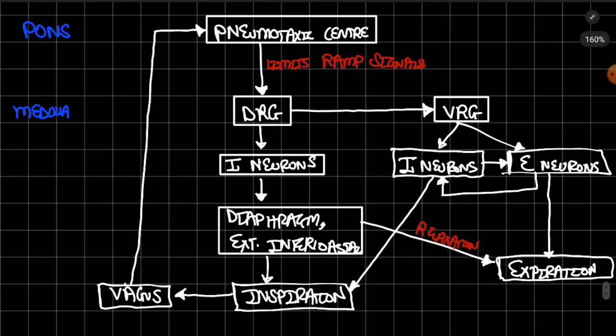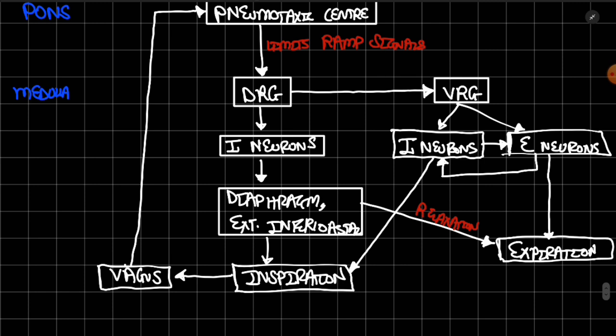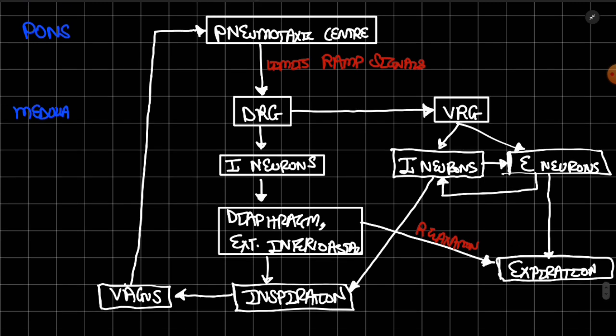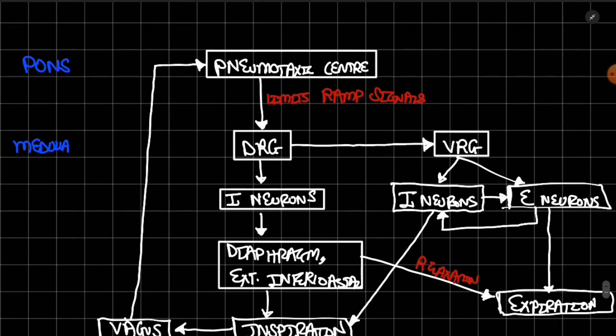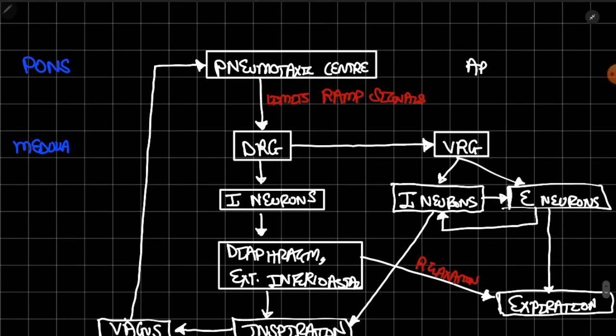See this flowchart once again, and then we will get to know the exact functioning of the neural regulation. Also we have talked about the apneustic center. Basically it increases the rate of respiration. For increasing the rate of respiration, what must it do?